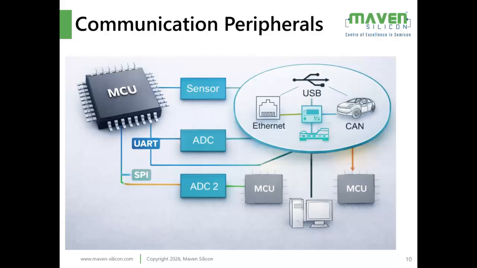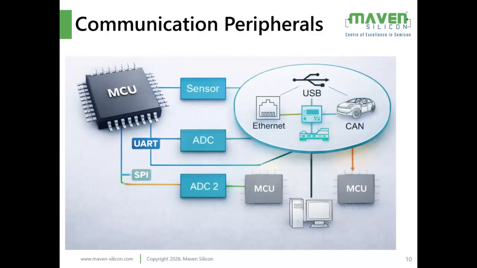But what happens? All of them should work together. That means information from one should go to another, right? So when we have lots of different microcontrollers working together, transferring of that information is also important.